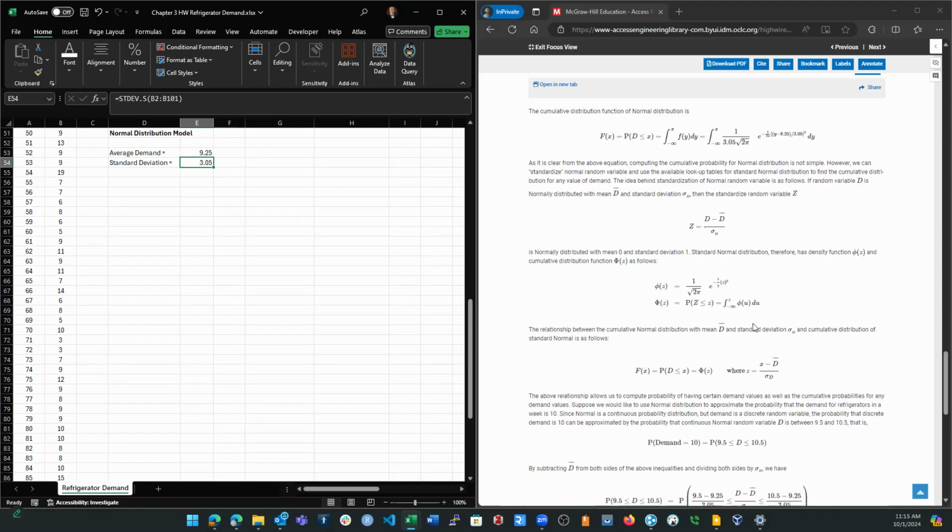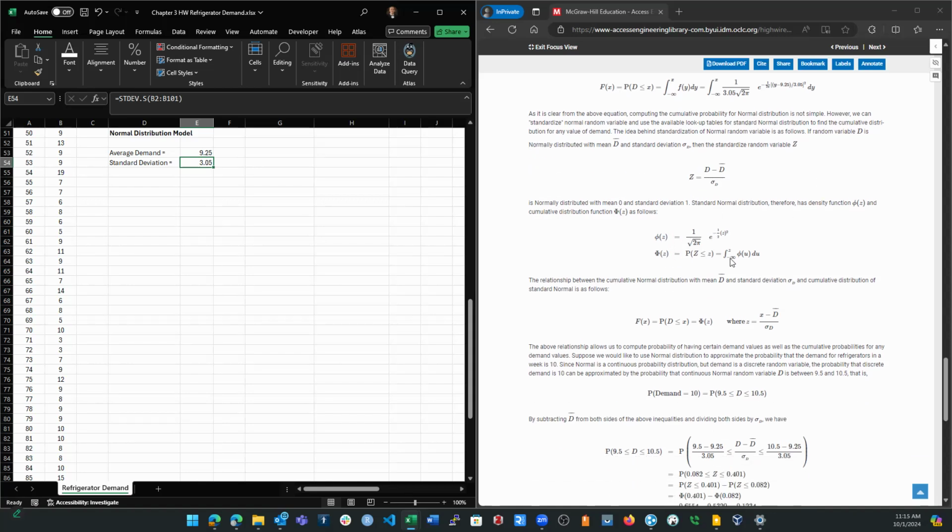We get into some deeper formulas of where this normal distribution is coming from. As we know, the standard random variable z is normally distributed with mean 0 and standard deviation 1. That's what standardization means: we're putting all these distributions into the same scale, 0 to 1 being the first standard deviation. Then we have the mathematical formulas for the density function and the cumulative distribution.